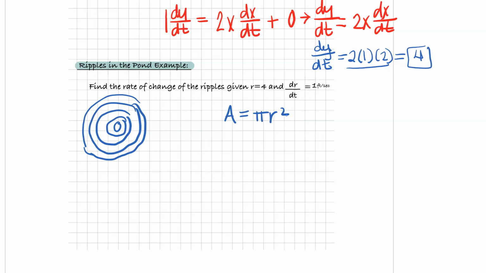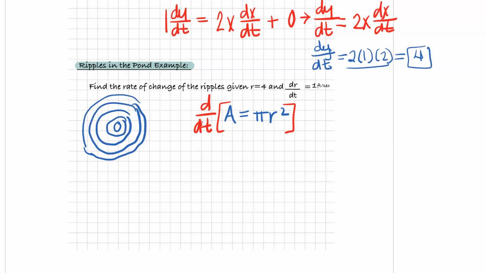So with this one, they didn't tell me, hey, area is equal to pi r squared, like we saw in the previous one with the equation. We just have to know what we're working with. Well, we're working with circles, and here's a formula I know about circles. That's a pretty basic formula. We all kind of know pi r squared. And so what I want to do is take the derivative of this function with respect to time and see at what rate the ripples are moving outward.